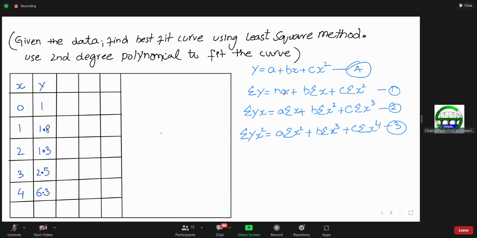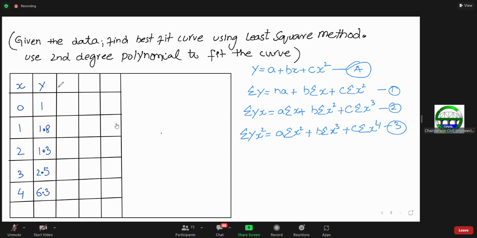Let's say this is A, right? And now what do we need? Let's try to highlight those things. First, we need n, then sigma x, y, xy, x squared, x cubed, x4, x squared y, right? We need these things. So let's try to find. Okay, so first we have x and y, and then what else?